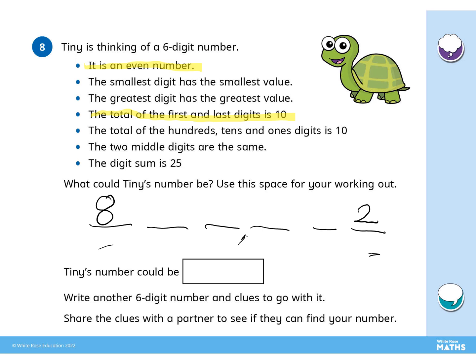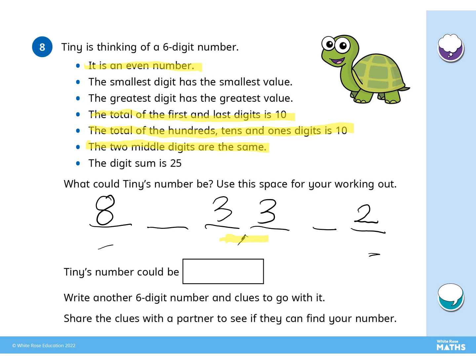The next clue I'm going to focus on are the two middle digits. They have to be the same. So let's find the middle digits. Be these two in the middle. And I'm going to go for the number 3, let's say. Okay. Now I'm going to focus on my next clue, which is the total of the hundreds, tens and ones digit is 10.